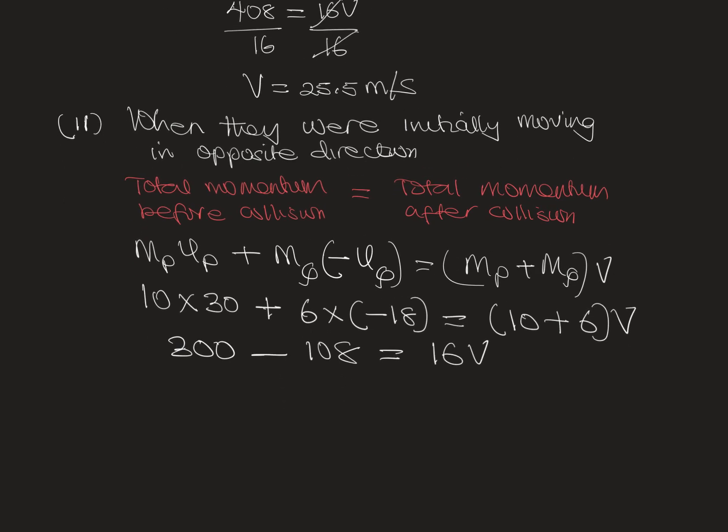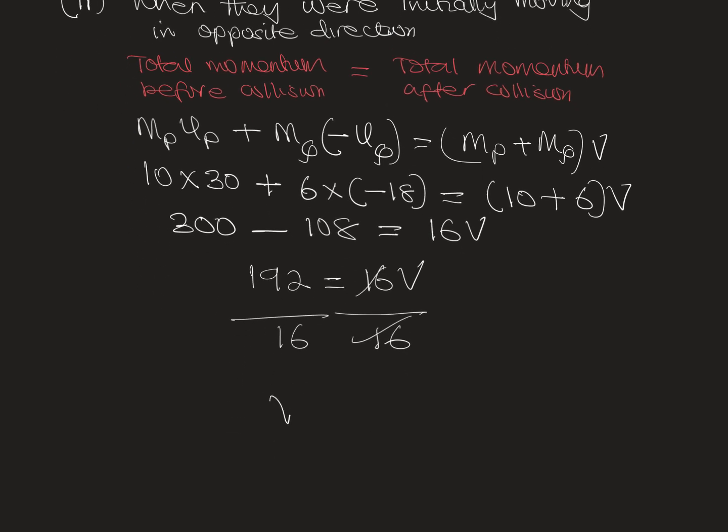So 300 minus 108 gives 192. This equals 16V. If you divide both sides by 16, then V will be 12 meters per second.